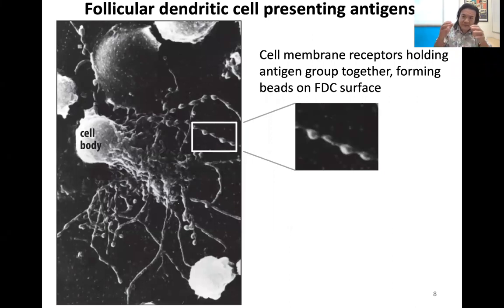Right? Follicular dendritic cells are these much larger dendritic cells that are just hanging out in the primary follicle part of the lymph node to start with, but they also can dramatically change their shape. So here you see a follicular dendritic cell, right? And you're like, wow, this is a messy looking, kind of gross looking cell. Here's the main body of it here. And all this messy stuff is part of the body.